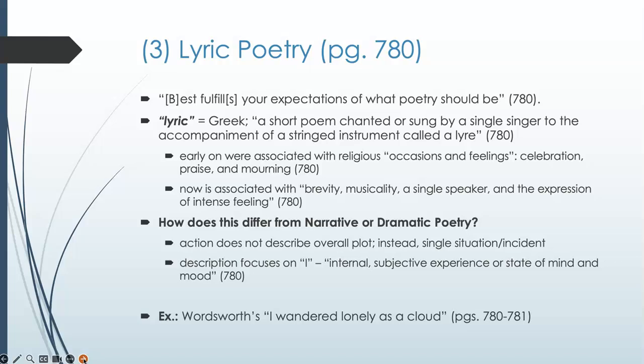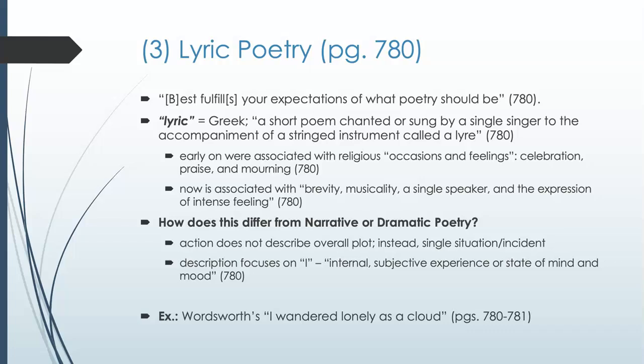It's going to be very lyrical, right? Again, it's in the title of the poem. So lyric, it has that repetition, it has that rhythm, right? Originally it was thought to be associated with religious feelings.